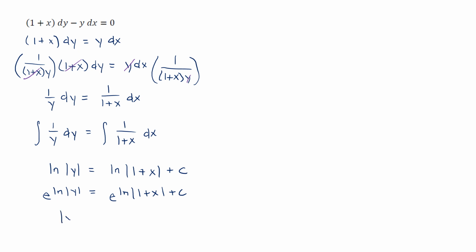My left side just turns into the absolute value of y, and my right side I can split up into two factors. So I have the absolute value of y equals the absolute value of 1 + x, multiplied, my apologies, times e to the c.